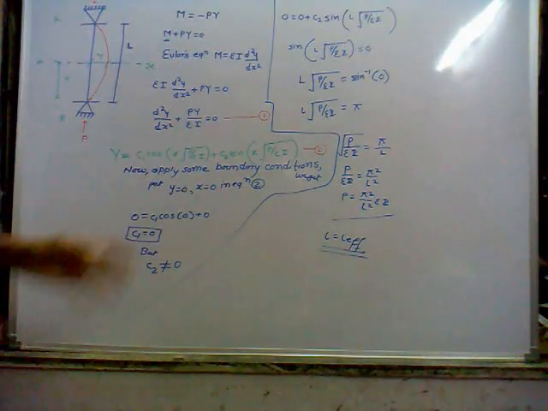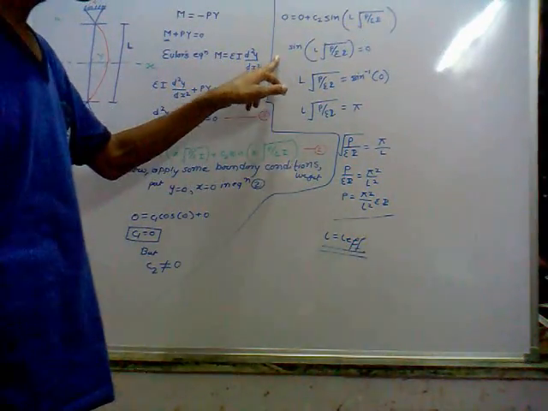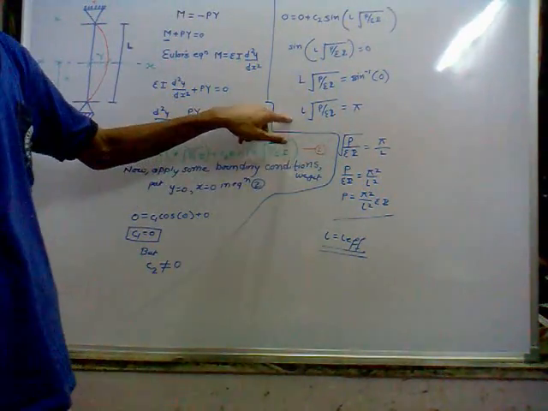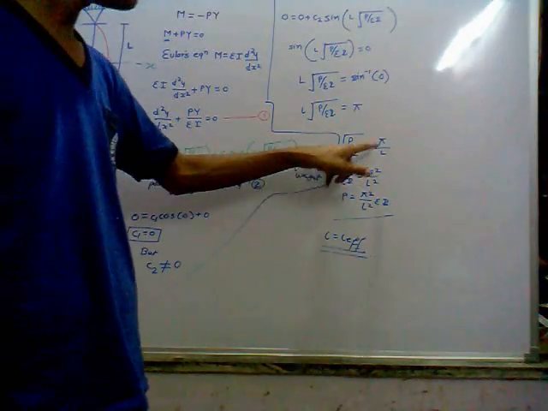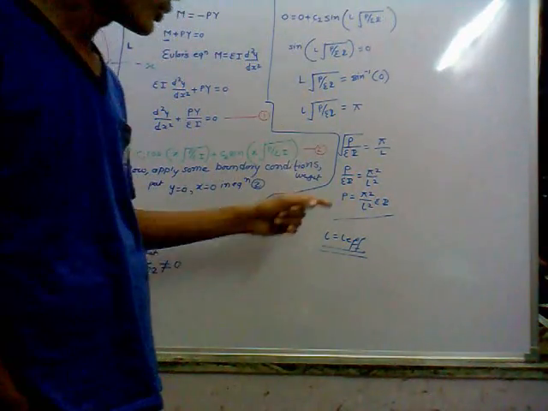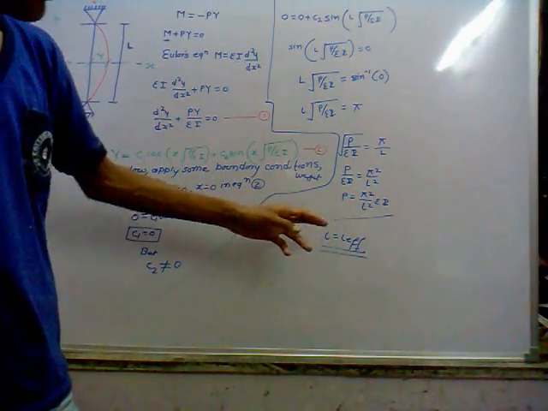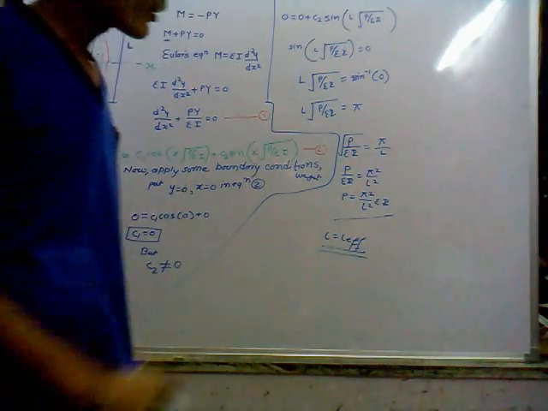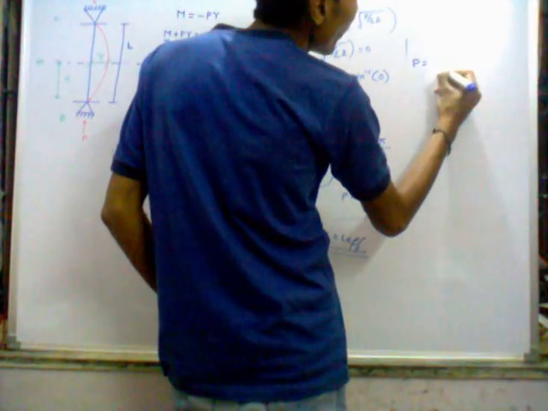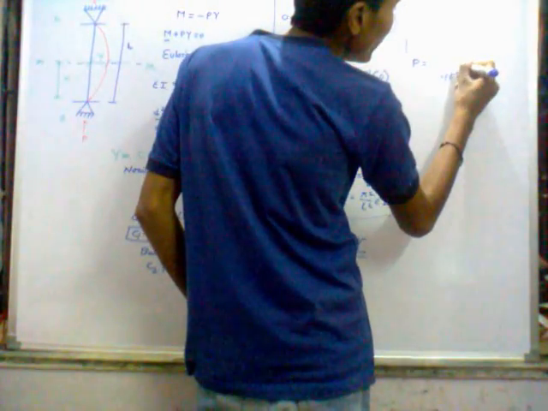I put this value again in the equation. Here y is 0 and x is considered as L. Since c2 is not 0, the sine term is 0, so sine inverse of 0 is pi, and L under root of P upon EI equals pi. Taking the square, P upon EI equals pi square upon L square, so P equals pi square upon L square into EI. When L effective equals L, the equation is P equals pi square upon L effective square into EI.